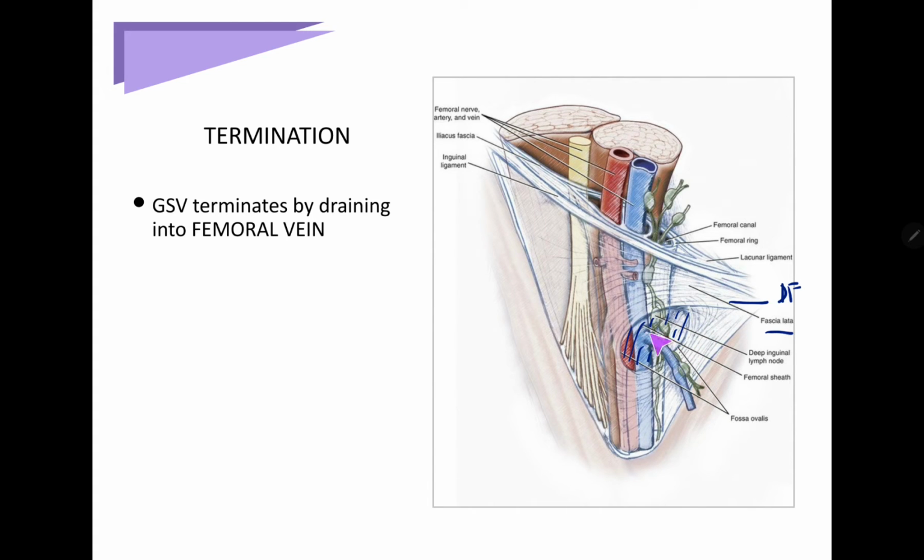You can see other lymphatics and some branches of the femoral artery will be exiting through this fascia, creating these perforations, hence called cribriform. And you see this is the Great Saphenous Vein, passing through and finally terminating into the femoral vein. So now you know its formation, its course and its termination.